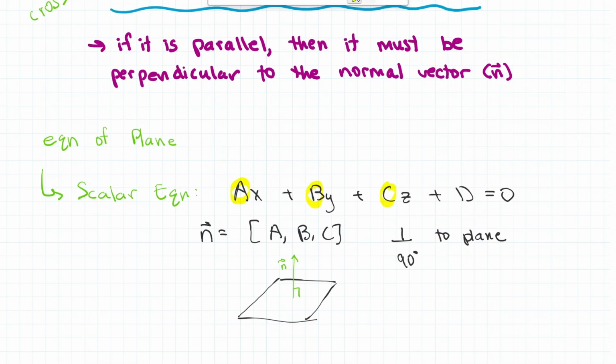So like I said, if our vector is going to be parallel, then it must be perpendicular to the normal of our plane, right? Because if it is parallel to the plane, we'll just call this vector A over here. And if vector A is going to be parallel to the plane, then we can see that it must be perpendicular to our normal vector n.